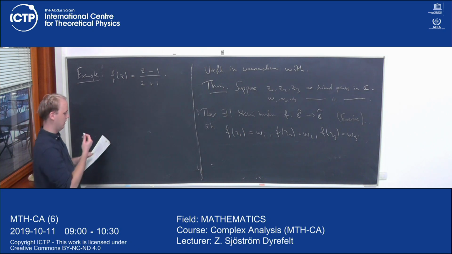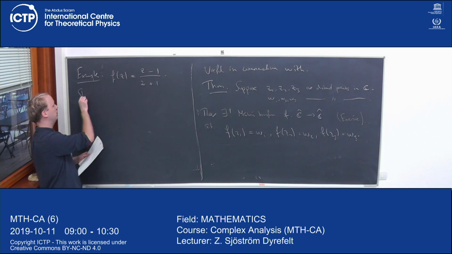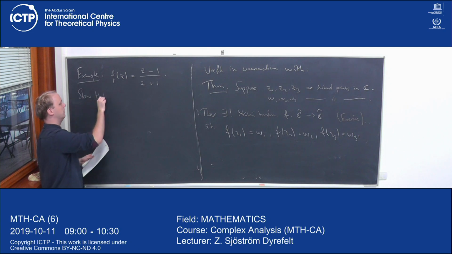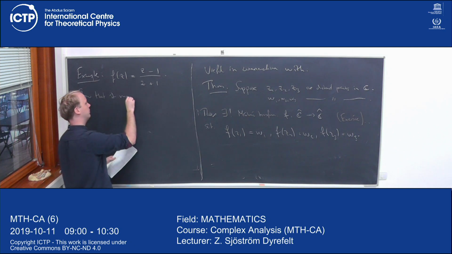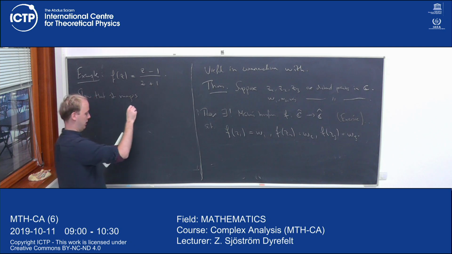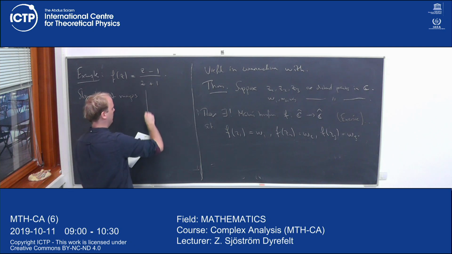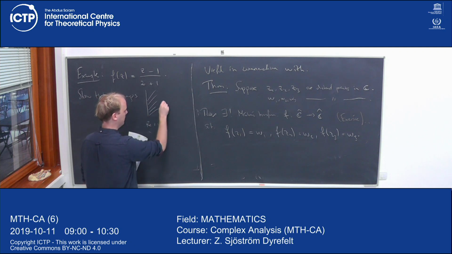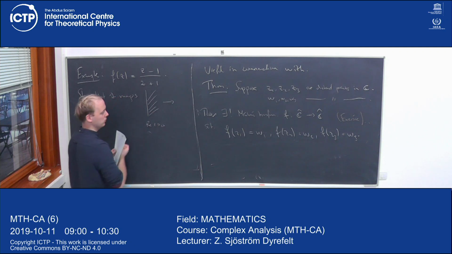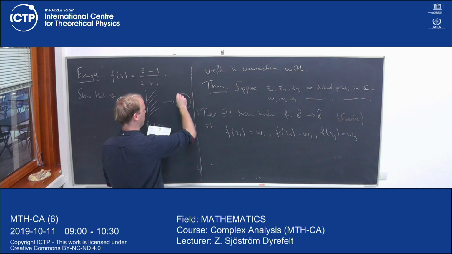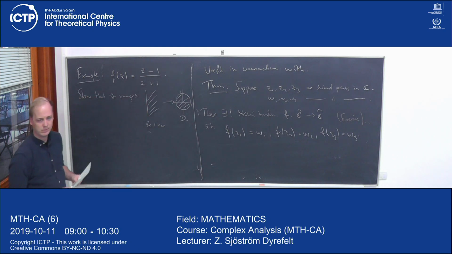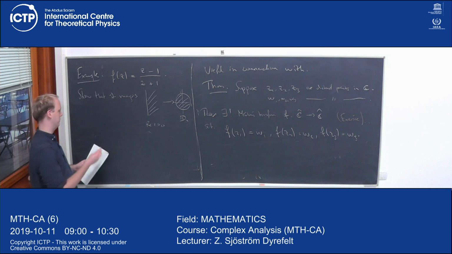So show that it maps this, the real part of z greater than 0, onto the unit disk. Show it maps this to this.